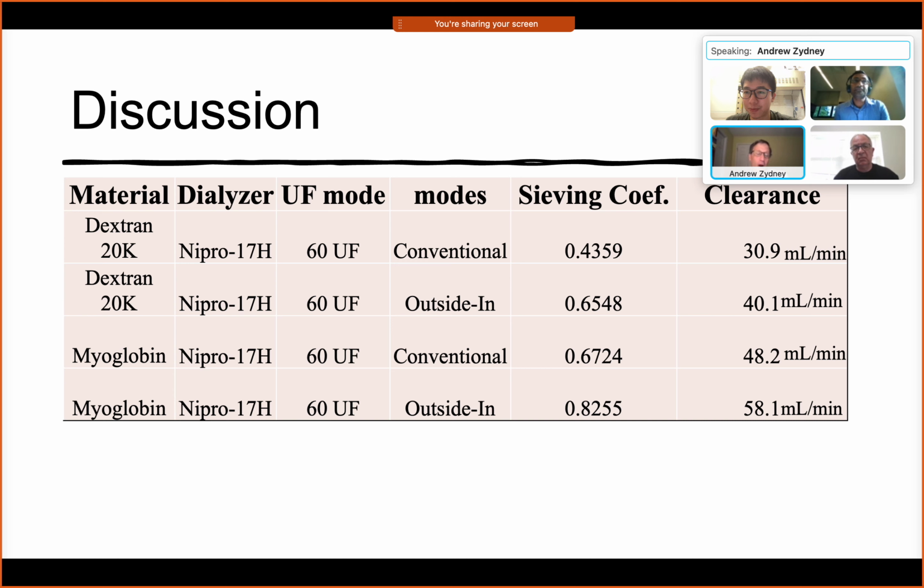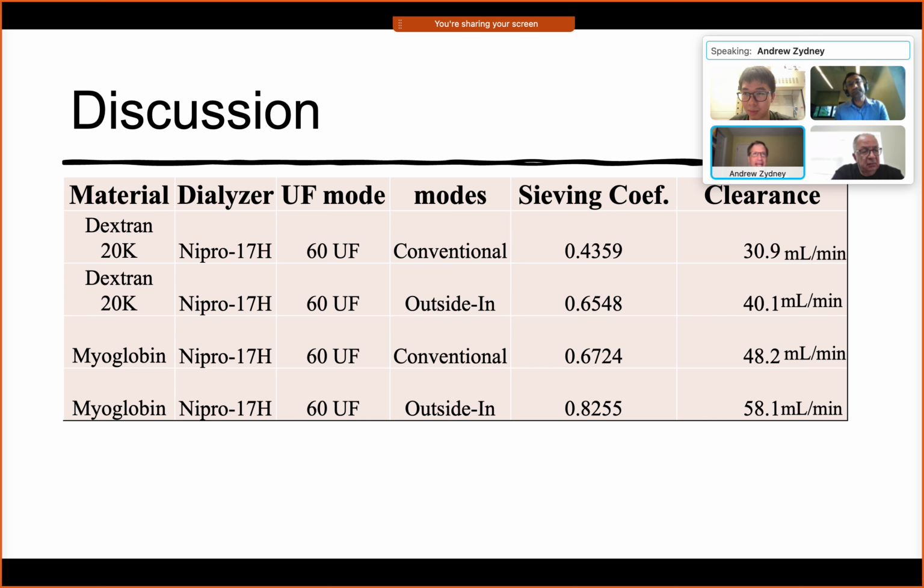And so there are models that try to separate out the convective contribution and the diffusive contribution. So it is possible to do a more extensive analysis of these data. I don't know how accurate you would get with data at just 0 and 60 ultrafiltration rate, but if you had 0, 20, 40, and 60, you could probably use some of the available models to fit both the diffusive part and the convective part.